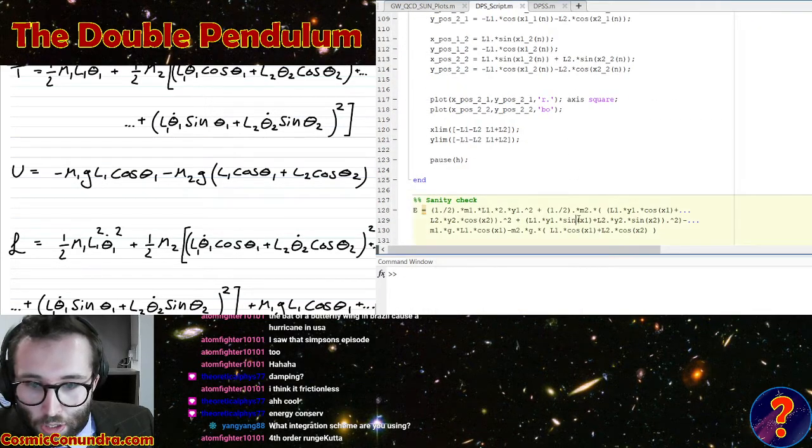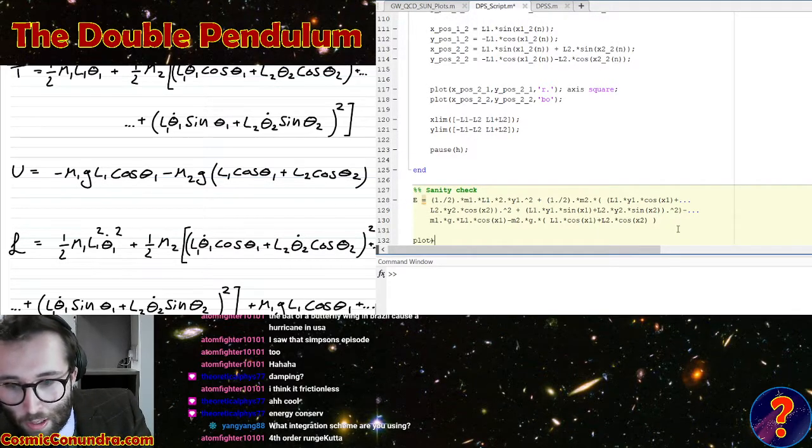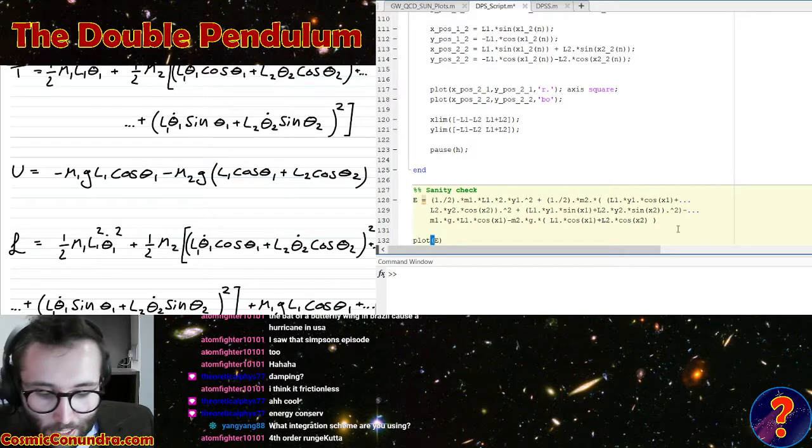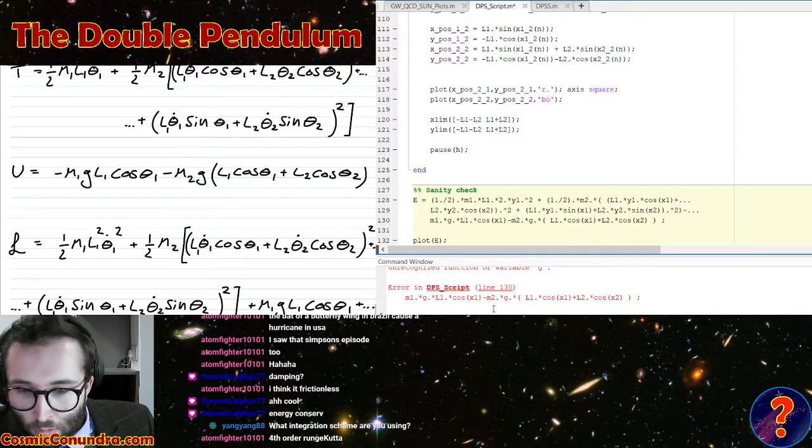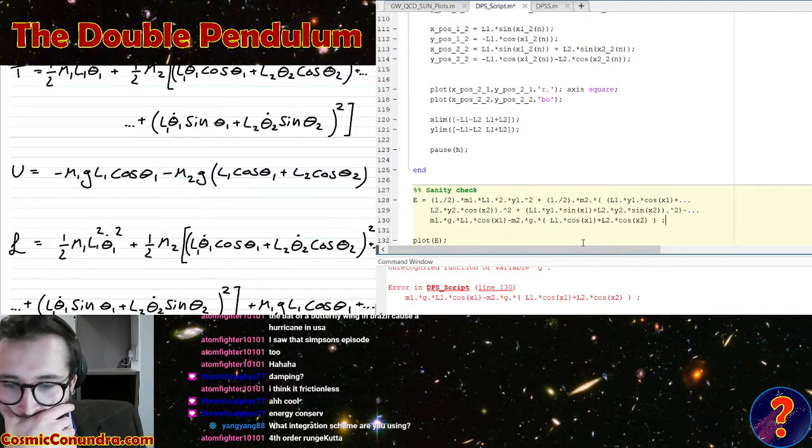So here we go. This should calculate the total energy, and then let's plot the total energy at each time step and see what we come out with. Ooh, there's an error. Where is the error? It says line 30.